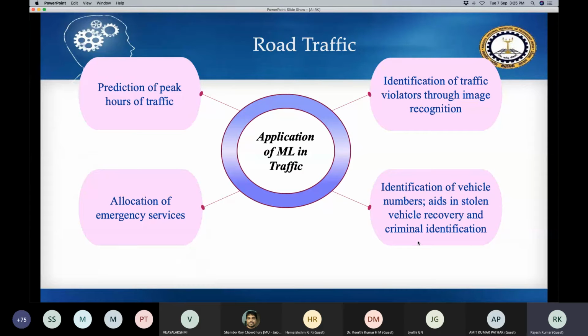Yes, the road traffic. There are a few very important things when we talk about electric vehicles and traffic. One is prediction of the peak hours. Right now, most places try to do it manually, and our traffic lights are fixed, like one minute for red, 20 seconds for yellow, and say 40 seconds for green.